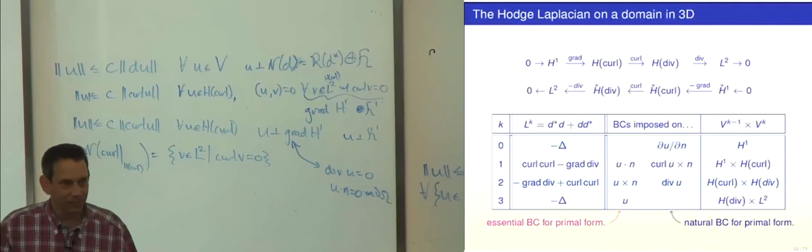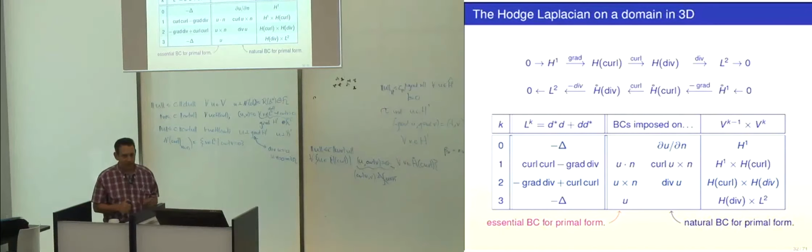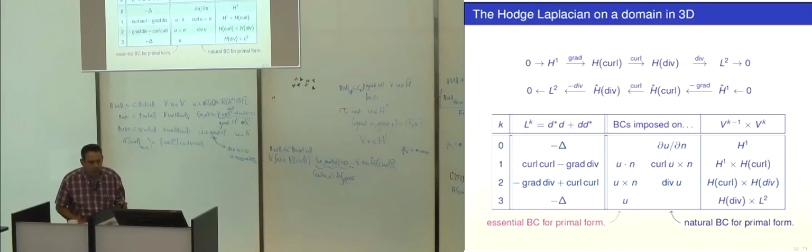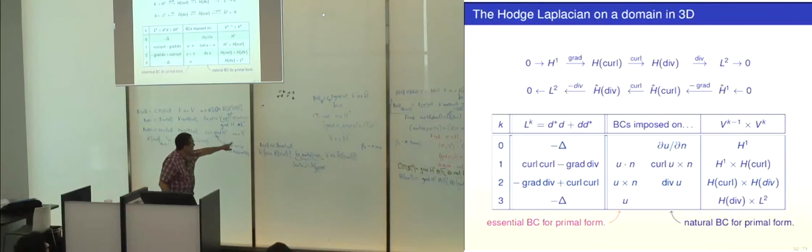Thank you. Yeah. What's that? Then u is curl. Then u is what? The range of curl. Then u is in curl of H0 curl.